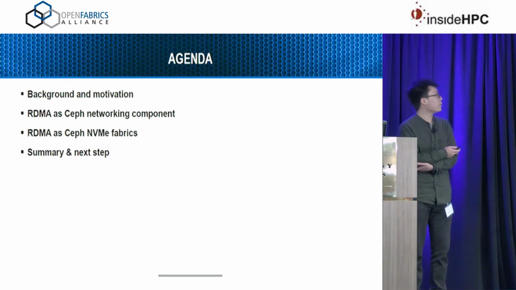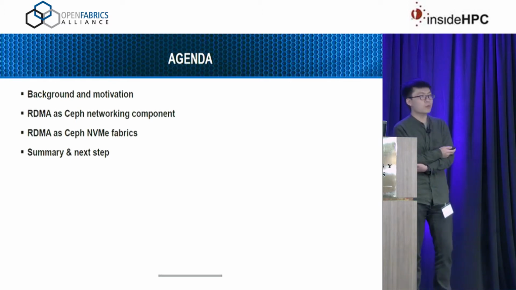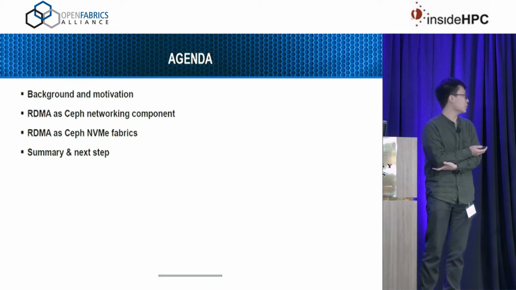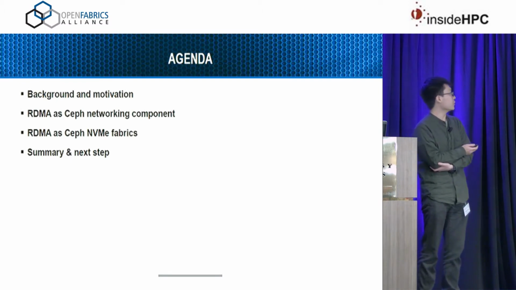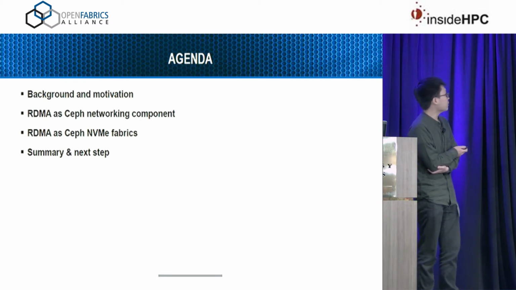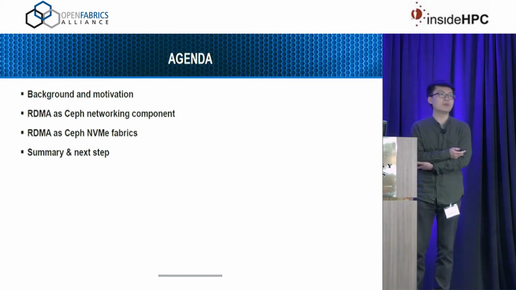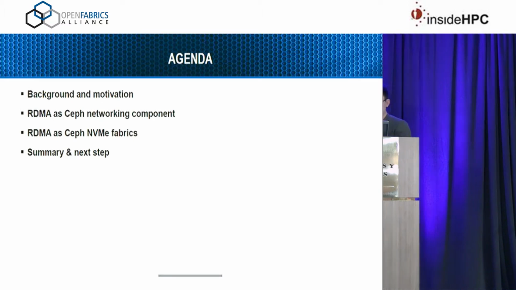But at the beginning, we will introduce what Ceph is and why we need Ceph. Ceph is a distributed storage system. At the end is a summary and what we are continuing to do with RDMA, with Ceph, and NVMe-oF.